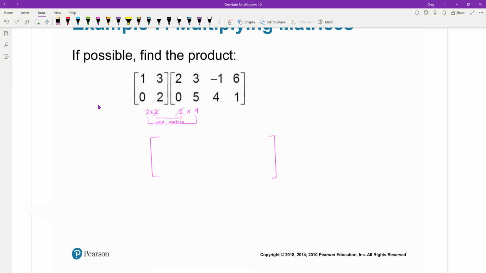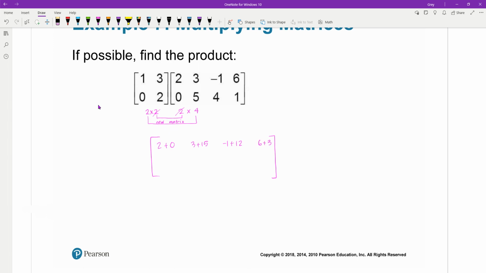And again, this time I'm writing them as the products instead of what you're multiplying. First row, first column is going to be 2 plus 0. And I'll go across. First row, second column, 3 plus 15. First row, third column, -1 plus 12. And first row, fourth column is 6 plus 3.